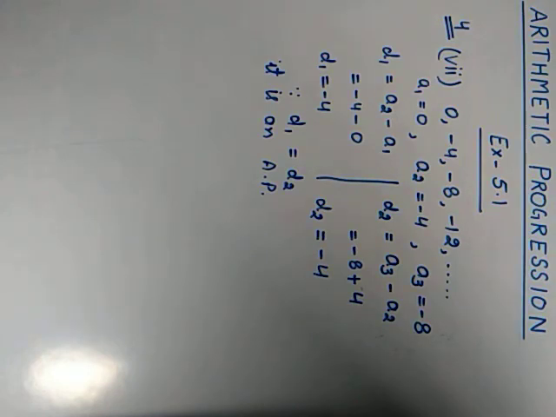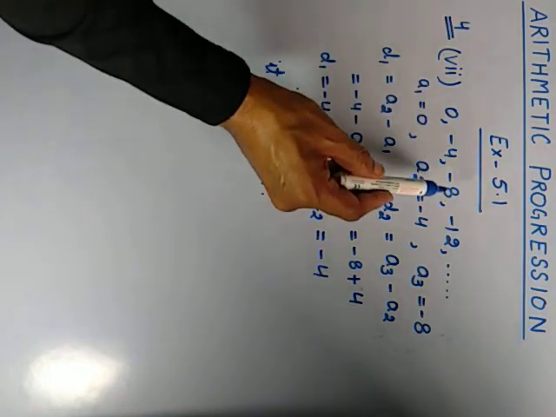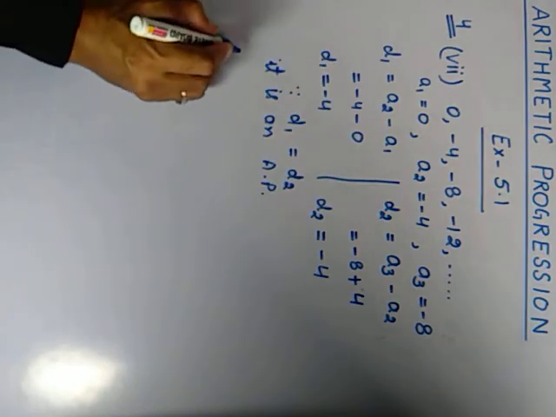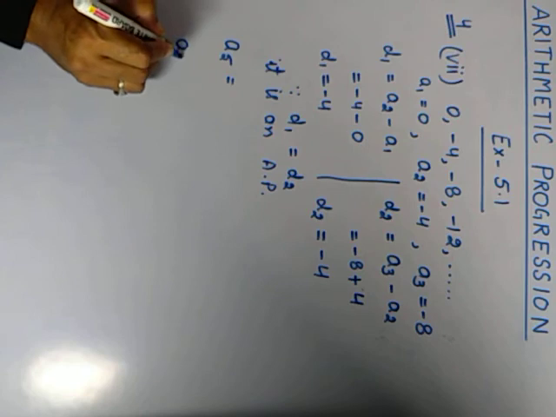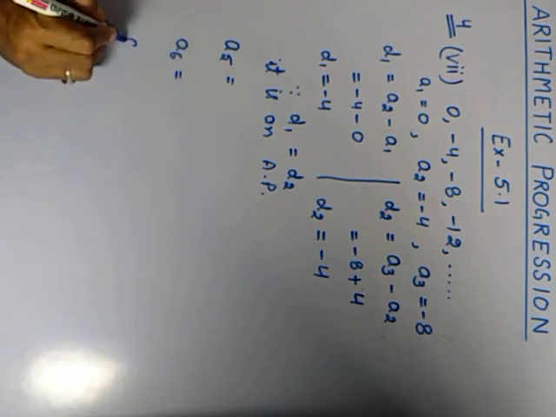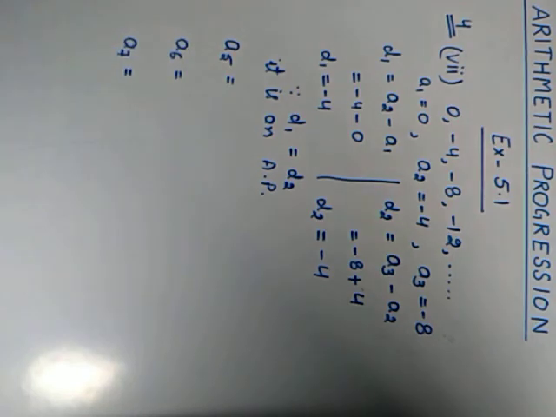Now we have to write next three terms. So first term is given, second term, third term, fourth term. We have to write fifth term, sixth term and seventh term.